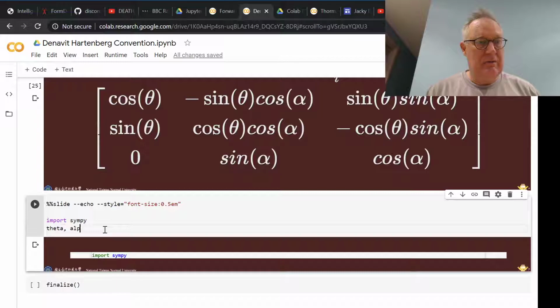So here, theta and alpha are equal to symbols.